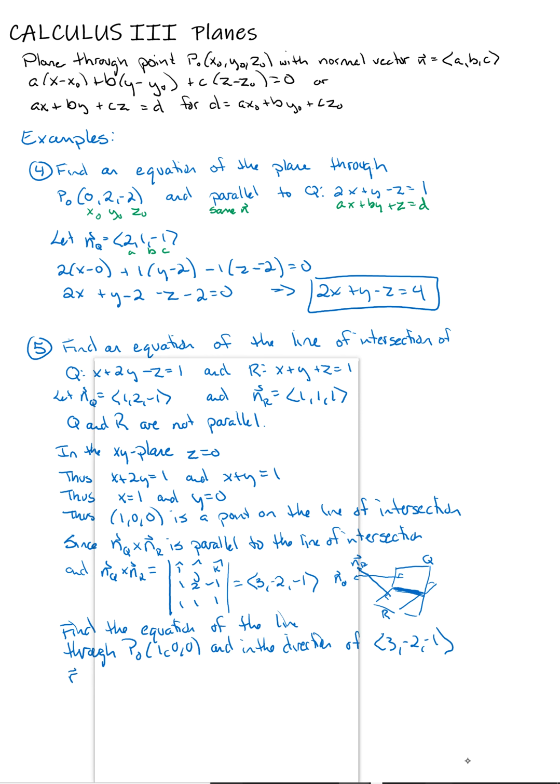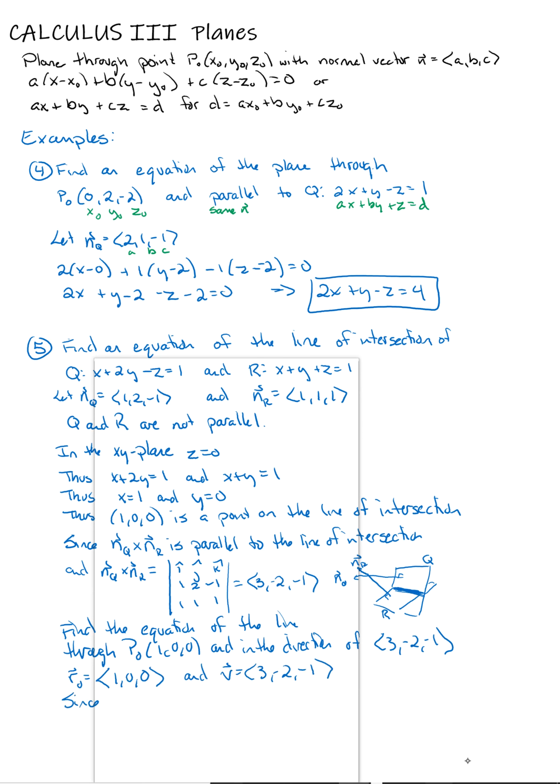So we'll call this r naught. It's the vector going to point P, so that would be (1, 0, 0). Again, it's a vector now, whereas this was a point. And we'll let v be the vector (3, -2, -1).